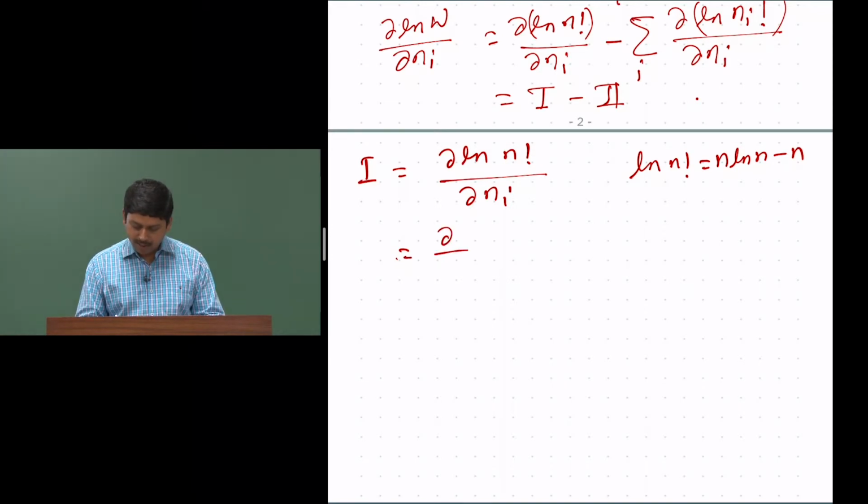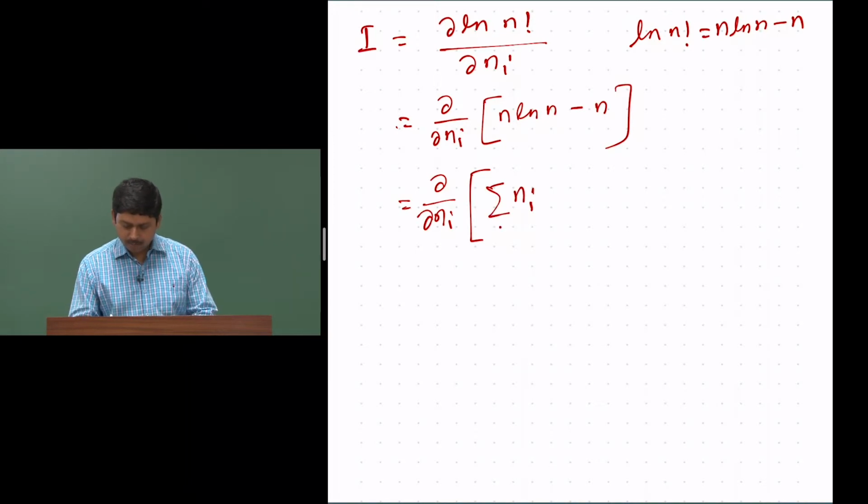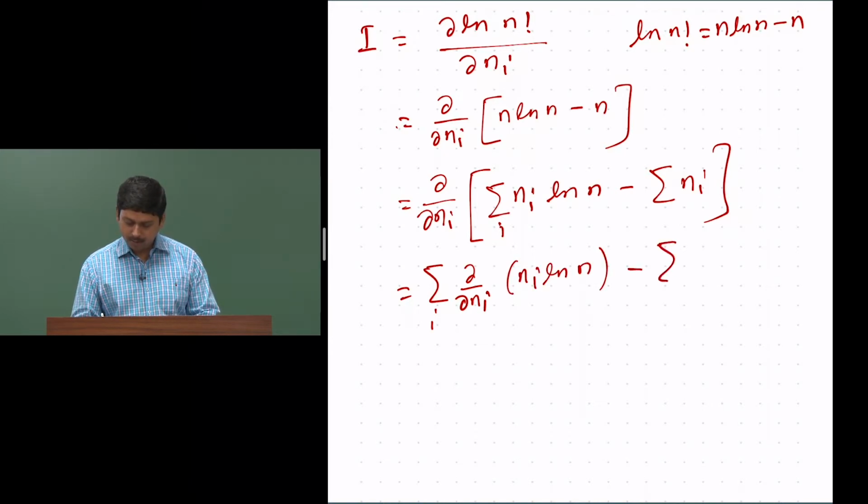So, let us write that: del by del n_i of N ln N minus N. Let us write that as sum over n_i times ln N minus sum over n_i. Now, once I do that, I have the sum, and then I do del n_i of n_i ln N minus sum over del n_i of n_i.